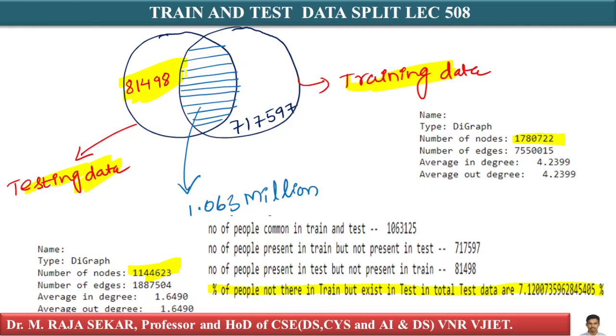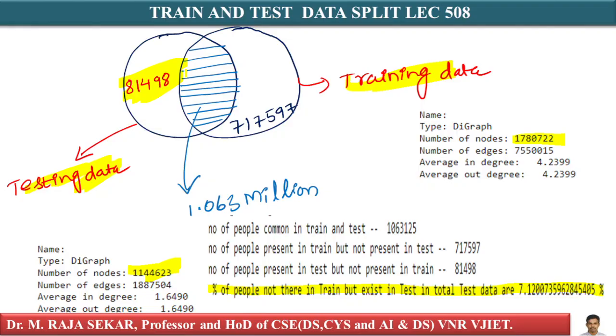So for these 81,498 people or nodes or vertices in the test data, the model is clueless, because I don't have any information. This is roughly 7% of my users, who are only in test data. This shows that there is some partial cold start problem.